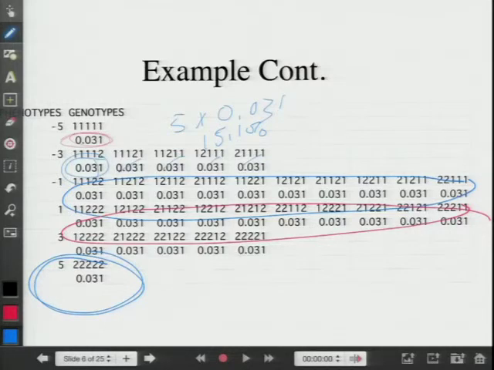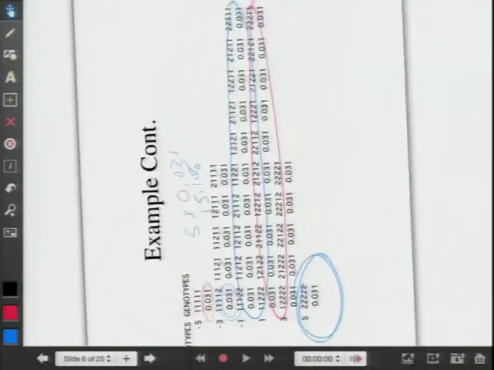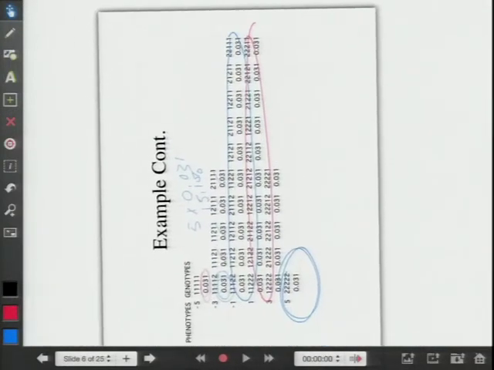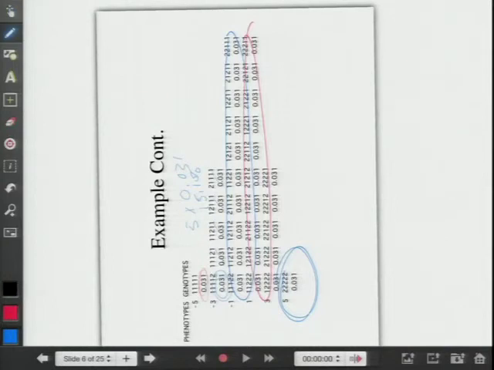So here you have a simple trait, 5 loci, 2 alleles each, and just by combining the probabilities of getting each of these alleles, you get a distribution of phenotypes that looks like that. What does that look like?